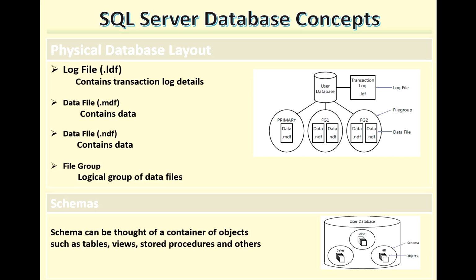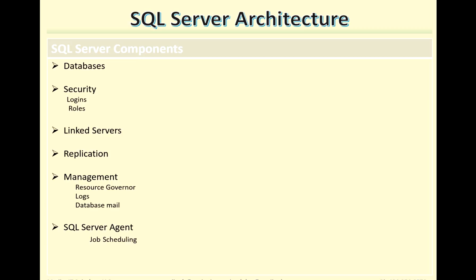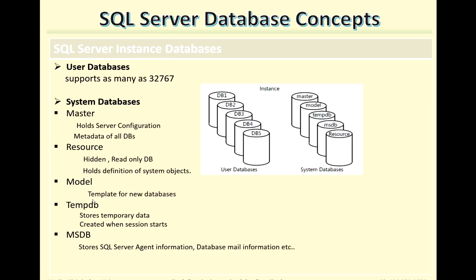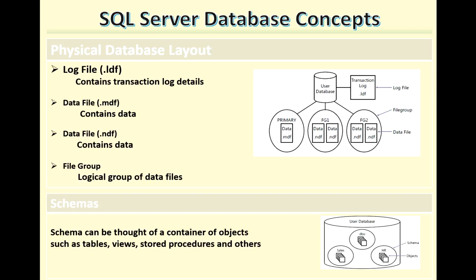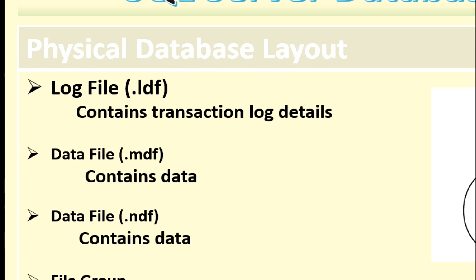A data file is the place where the actual data is stored, whereas the log file is the place where the log information is stored. As I was saying in the earlier slide, SQL Server stores the logs, right? Where is the log information stored? It is stored in log files. Log files have the extension .ldf.